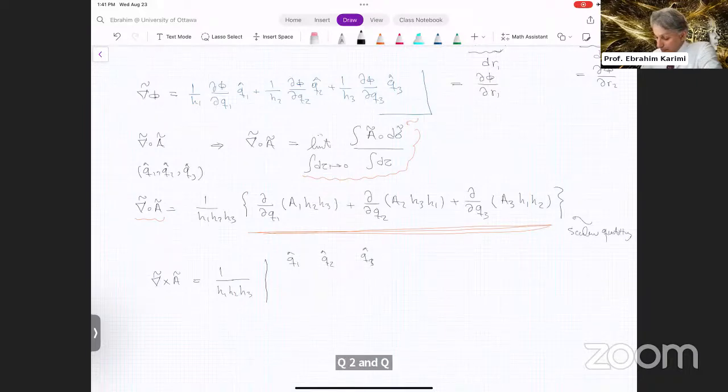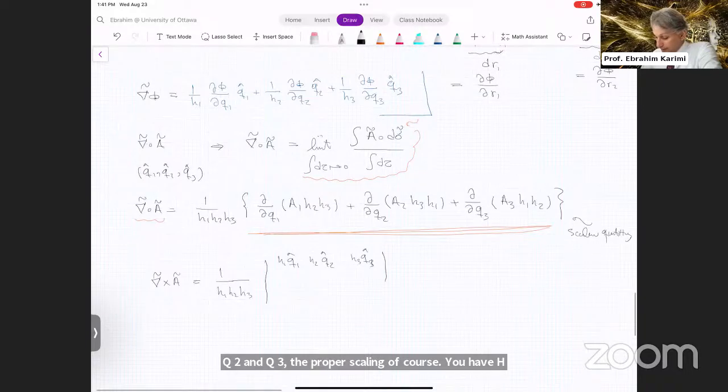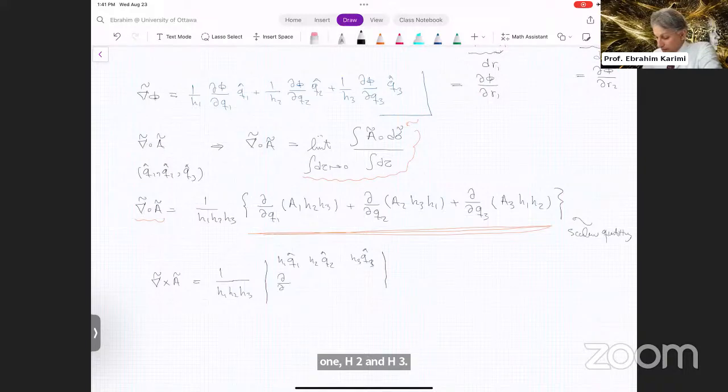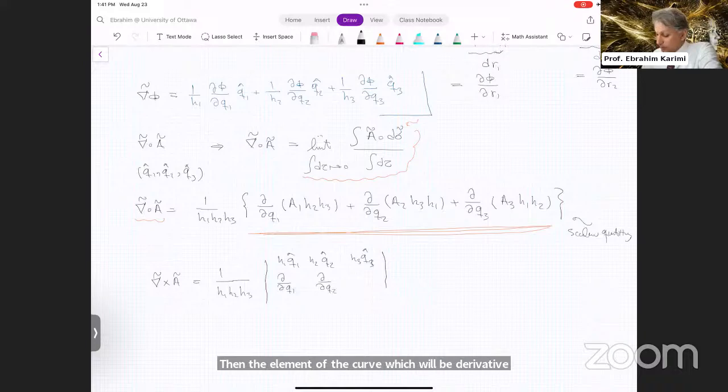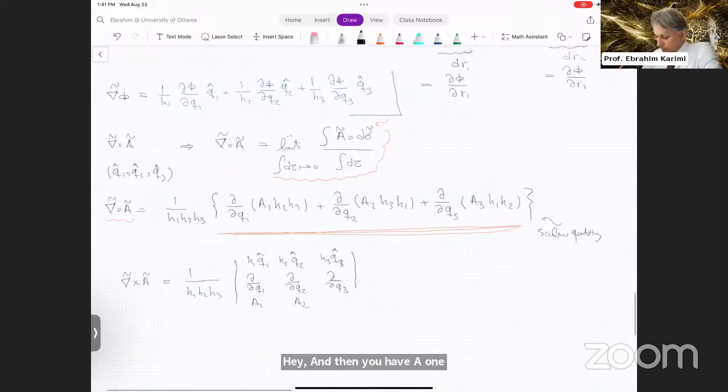Of course, you have H1, H2, and H3. Then the element of the curl will be a derivative with respect to Q1, derivative with respect to Q2, derivative with respect to Q3, and then you have A1, A2, A3, and all of them should have the same metric.